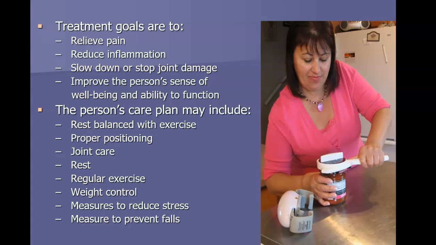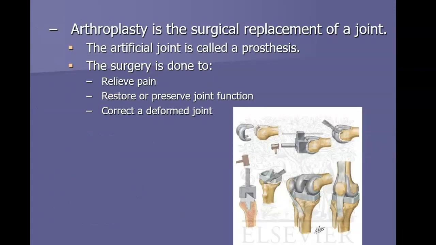So they have a lot of tools to help a person have better control or be more independent. A person's care plan can include rest, balanced with exercise, proper positioning, joint care, regular exercise still, even though they hurt, weight control management, trying to decrease stress, and of course, trying to prevent falls.